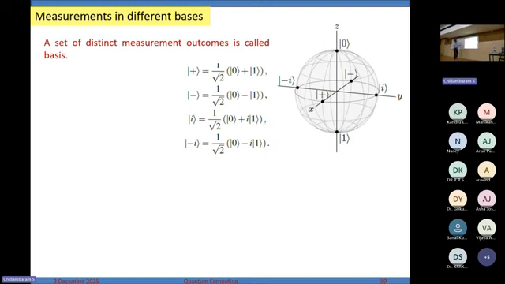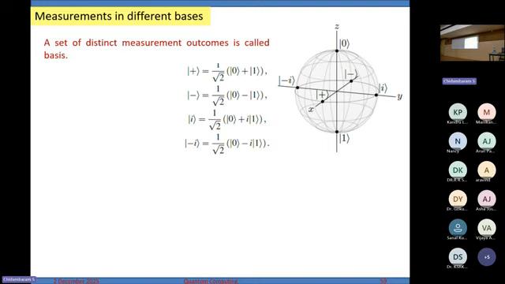You can have a positive superposition, meaning plus, in which you have 1 by root 2 ket 0 plus ket 1, and then minus, which is the other side of the X basis, 1 by root 2 ket 0 minus ket 1.